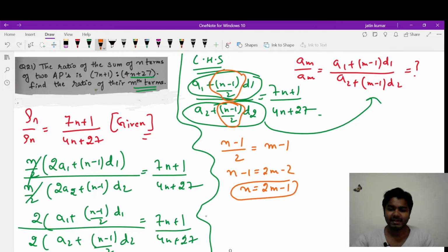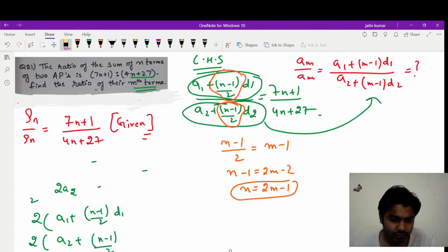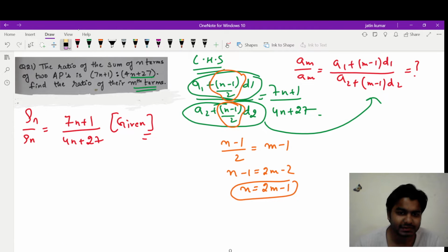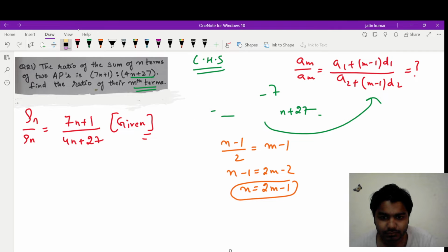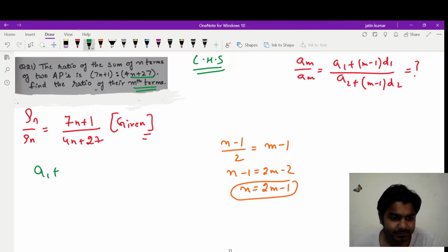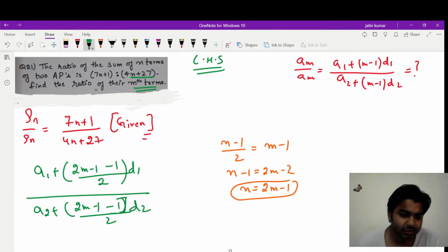Now we have to replace this n value in our original equation. To find the ratio of mth terms, we replace the value of n. On replacing, we get (a1 plus (2m minus 1) upon 2 d1) and (a2 plus (2m minus 1) upon 2 d2). We have just replaced the value of n, rest all other terms will remain same.